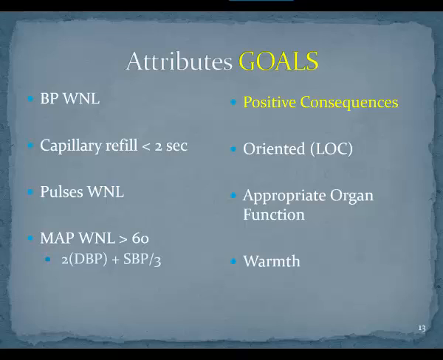So the attributes are blood pressure within normal limits, having a brisk capillary refill, having strength of pulses within normal limits, and a MAP or mean arterial pressure that is greater than 60 millimeters of mercury. If we have all of these, then we should see positive consequences of our patients being oriented, having appropriate organ function, and warmth of skin.